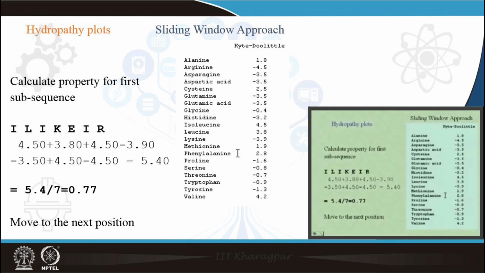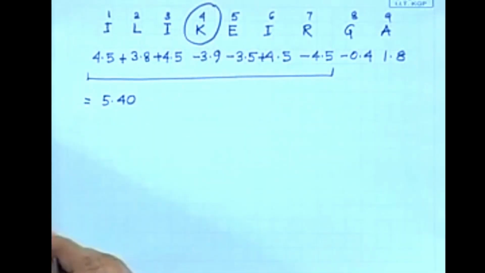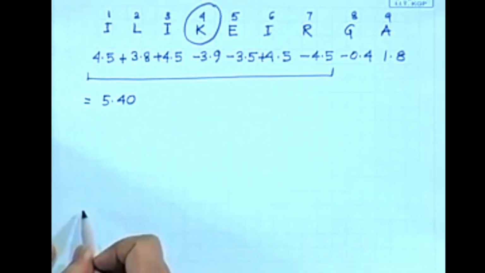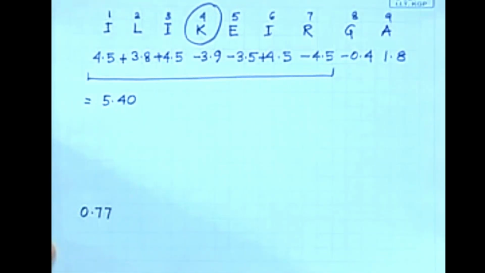So, residue number 4 in this case is going to have an average hydropathy index value of 0.77. Then we move to the next window.